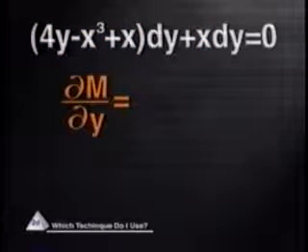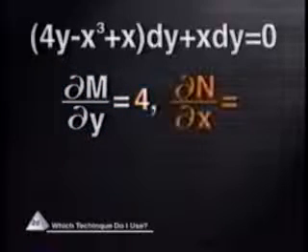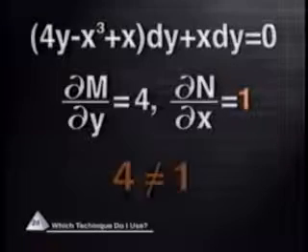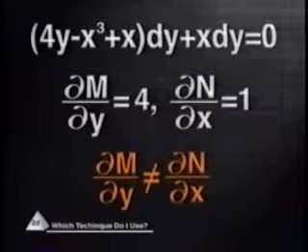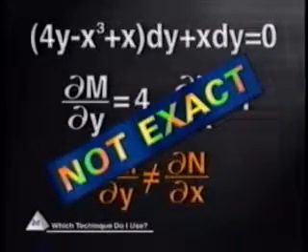Now, taking the partial derivative of M with respect to y, we get 4. Taking the partial derivative of N with respect to x, we get 1. Since 4 doesn't equal 1, the partial derivative of M with respect to y doesn't equal the partial derivative of N with respect to x. Therefore, this equation is not exact and we can't use this method.